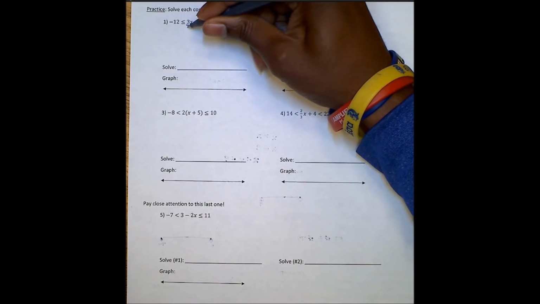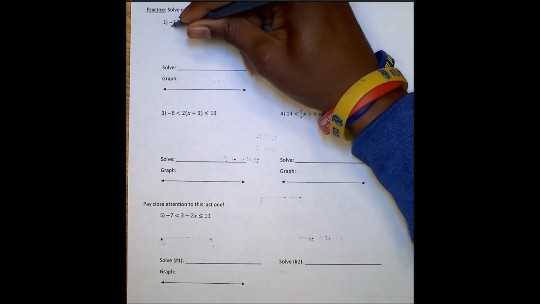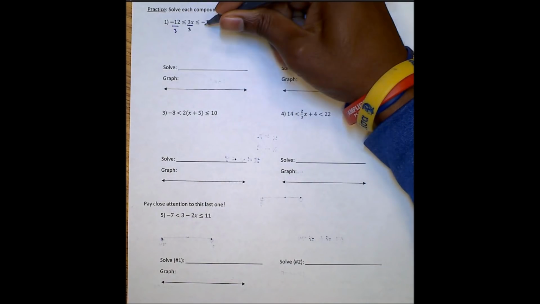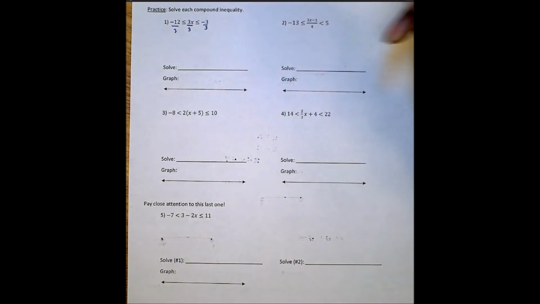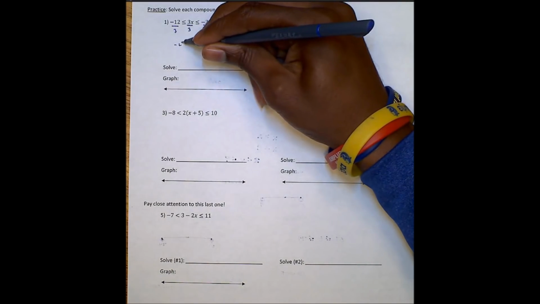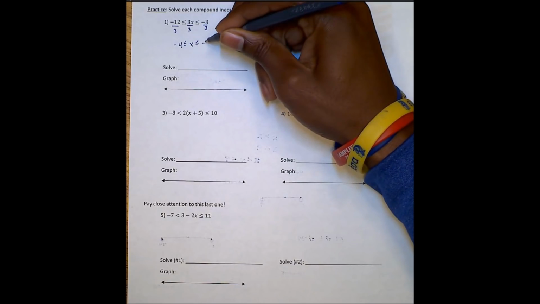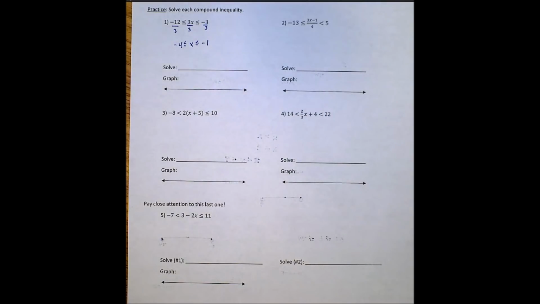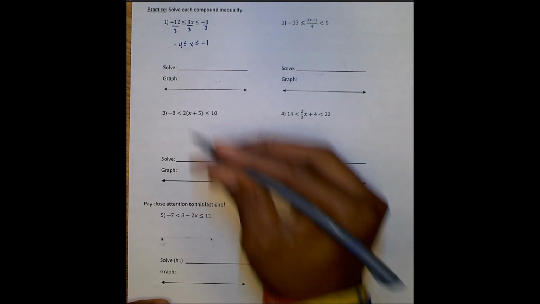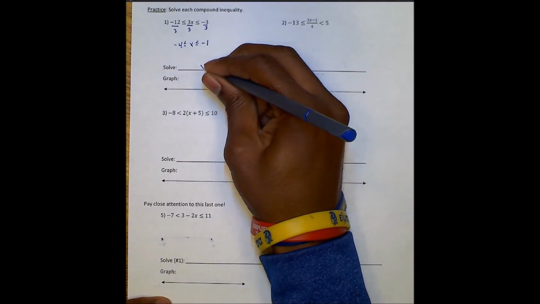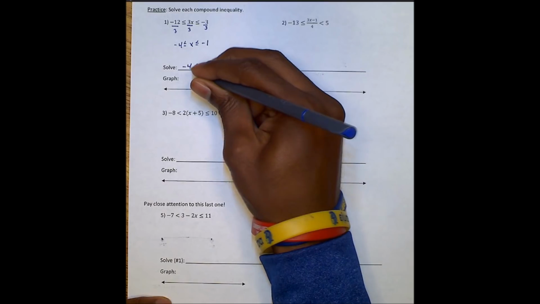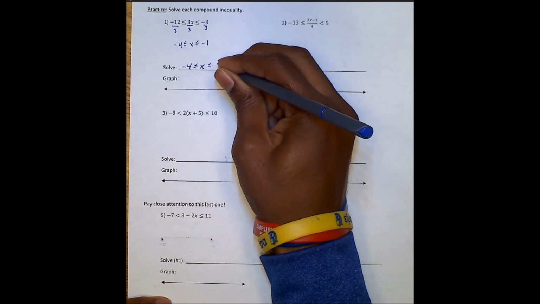Trying to get x by itself, 3 is with it, it's multiplying, so I'll divide by 3 and do that to each side. So now I'm left with negative 4 less than or equal to x less than or equal to negative 1. I can write my compound inequality as x is greater than or equal to negative 4 and less than or equal to negative 1.